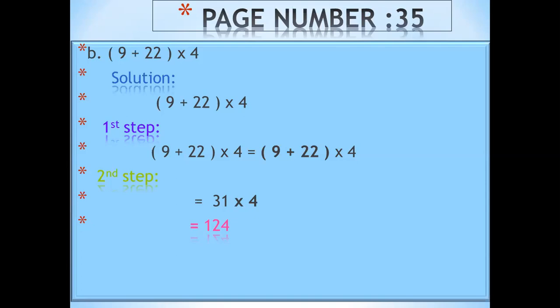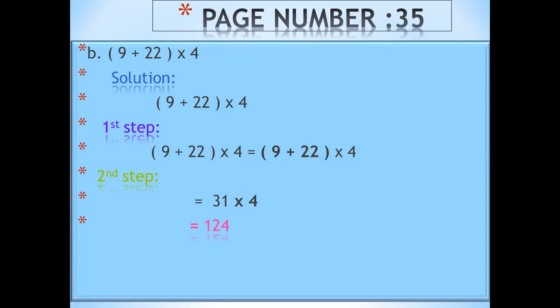According to this question, there is an addition enclosed in the brackets. So first we add the numbers and then we multiply it with 4. Now add 22 plus 9. 22 plus 9 is 31. Now we can multiply 31 and 4. After multiplication, the answer becomes 124.